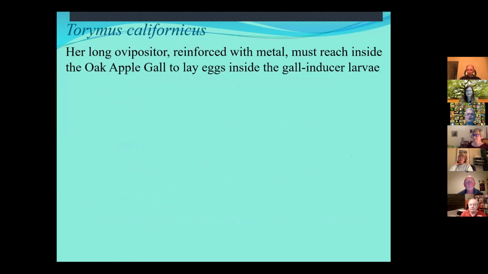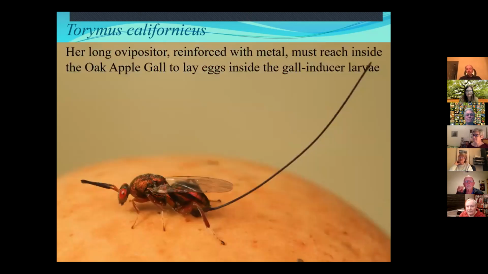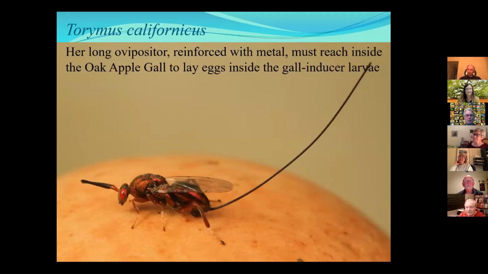All right, here's Pterimus californicus with a very long ovipositor. This ovipositor is reinforced with metal, and it must reach inside the oak apple gall. The gall is already green and almost the size of an apple when she goes to lay her eggs.